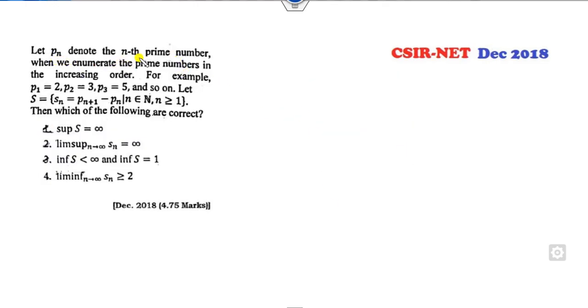Okay, let P_n be the nth prime number in increasing order. So that means the primes start from 2, 3, 5, 7, 11, 13, 17 and so on. Then define S_n as P_(n+1) minus P_n.